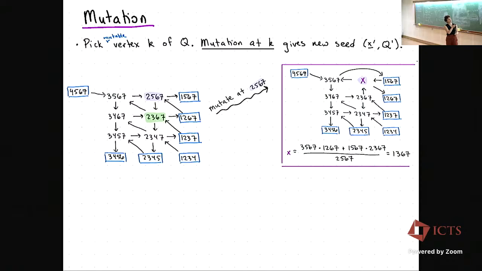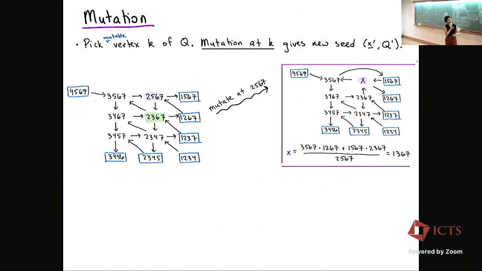Then mutation is first going to change your quiver, but only near this vertex. Here's the new quiver that I get, and you can see all of this part looks the same, and there's just a little bit of change around the vertex where I mutated. There's a recipe for exactly what change happens. I'm just not going to tell you right now.